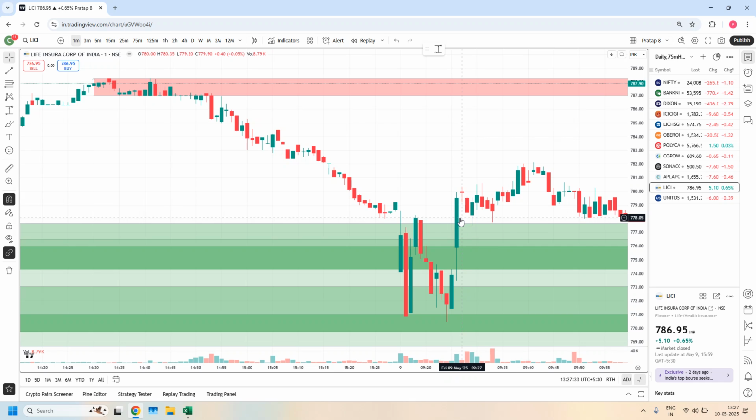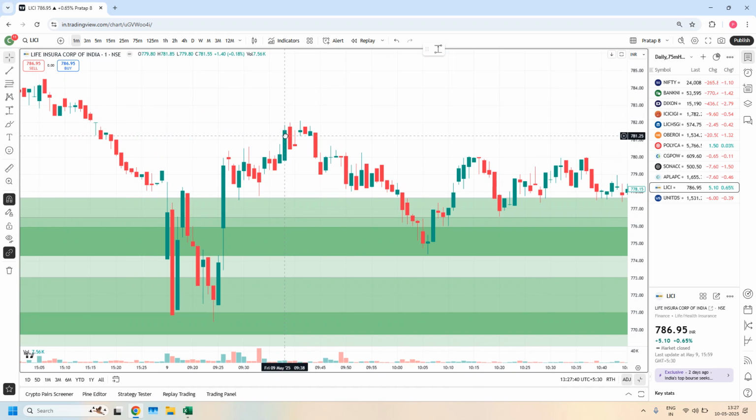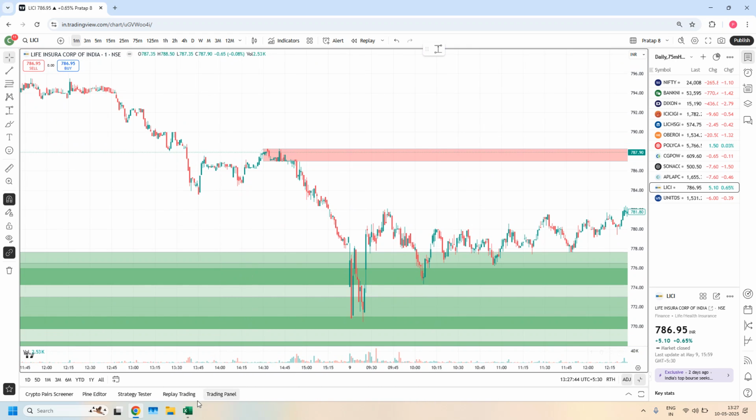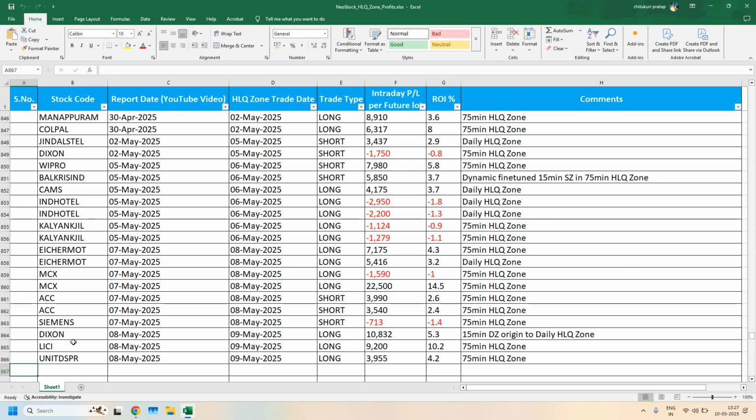What I am finally concluding is, even if you take 2 trades, the profit is the same as what you held until this 15 minutes target, almost the same. So that's why, from the performance evaluation point of view, we considered a single trade till the 15 minutes target, and LIC gave you 9,200 rupees profit, which is 10.2% ROA as per one futures margin cost. If you would have taken 2 trades, maybe around 5% ROA you would have got on each trade.